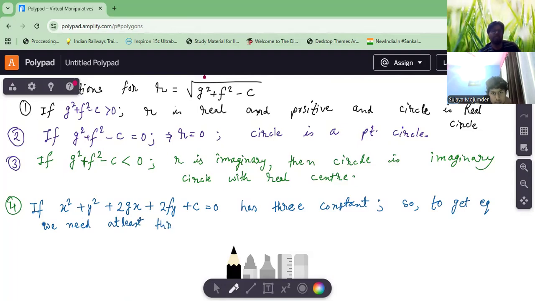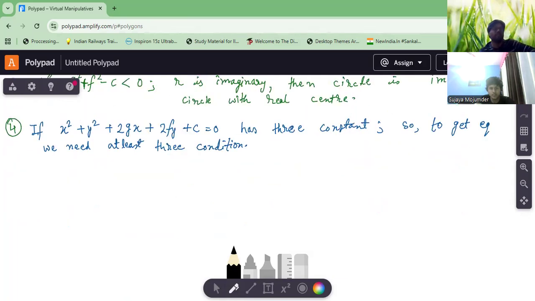Three conditions means suppose you have been given 3 points, and I am telling you that these 3 points are passing through this particular circle. So from there you would be able to solve f, g, and c because there would be three equations. Understood? Clear? Yes, sir.